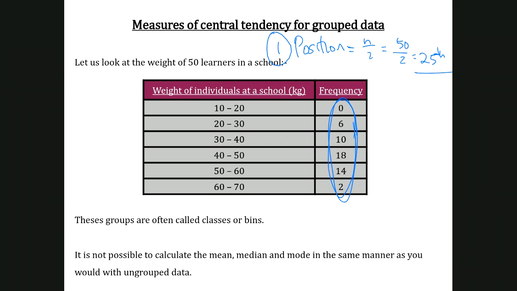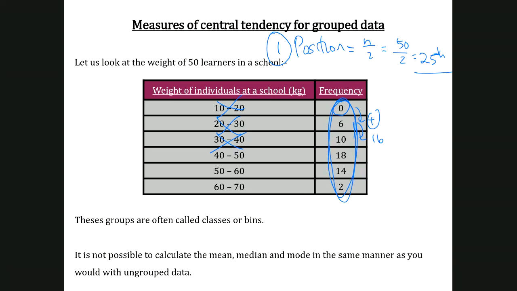The 0 is saying to you that so far there are 0 values, so it can't be that interval. Then we'll add on the next interval, and it's saying so far there's 0 plus 6, so 6 values in total. So it can't be that because we're looking for the 25th value. So not the first 2 intervals. Then you're going to say 6 plus the 10, 16 values. Again, so far we haven't found our 25th value, so it can't be the next interval.